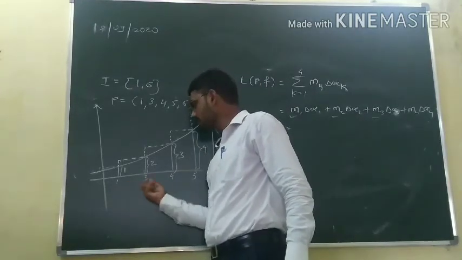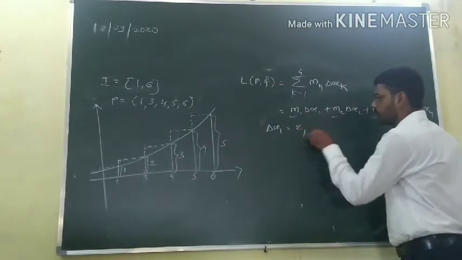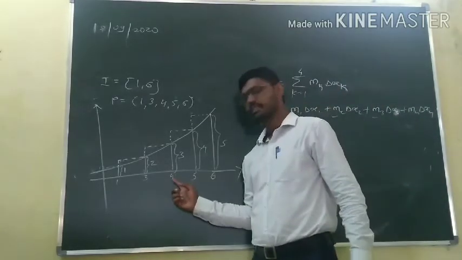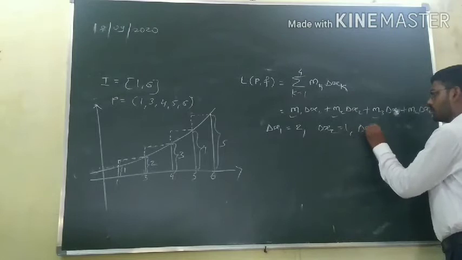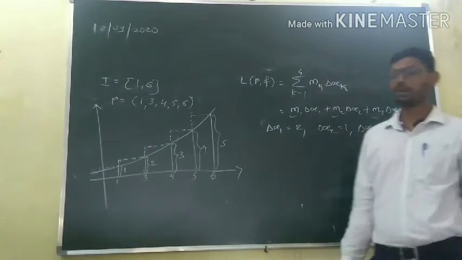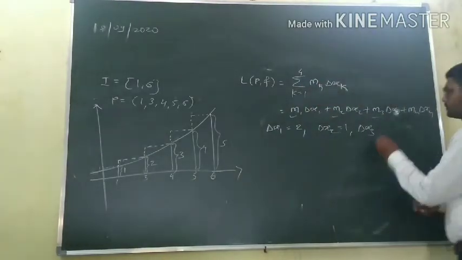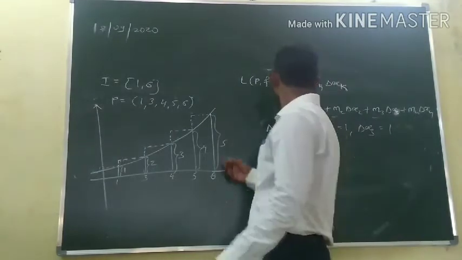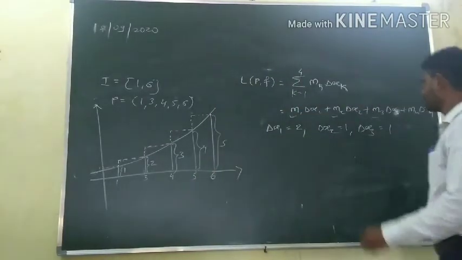So its length is 3 minus 1, that is 2. What is the value of delta x2? The length of the second subinterval is 4 minus 3, that is 1. What is the length of the third subinterval? 5 minus 4, that is 1. And the length of the last subinterval is 6 minus 5, that is 1.